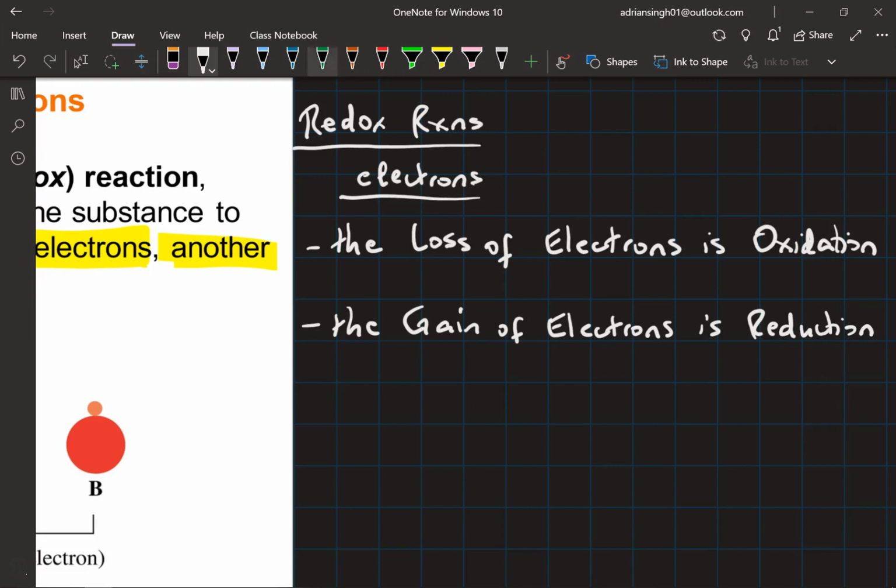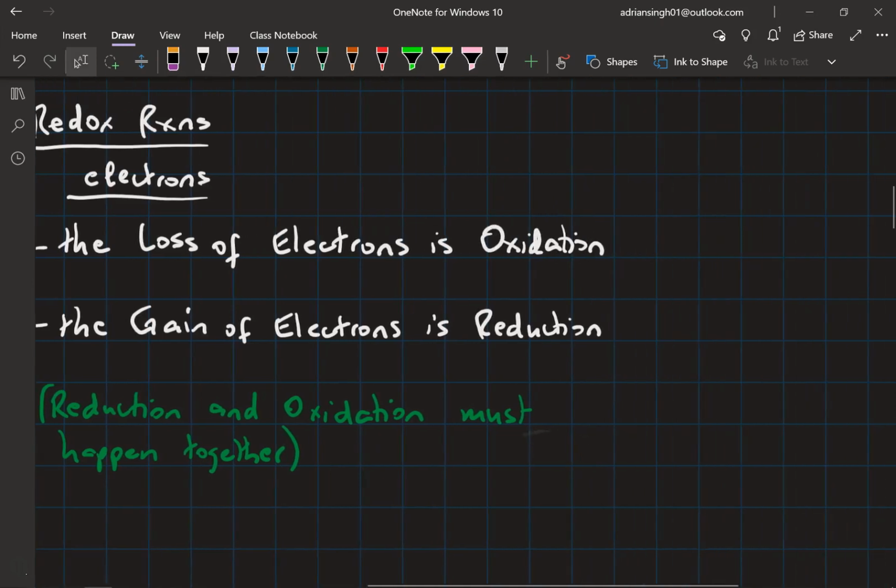And again, what you want to keep in mind is that reduction and oxidation must happen simultaneously. So they must happen together. If something is undergoing oxidation, something else has to undergo reduction. And we can make a little mnemonic to help us remember this.